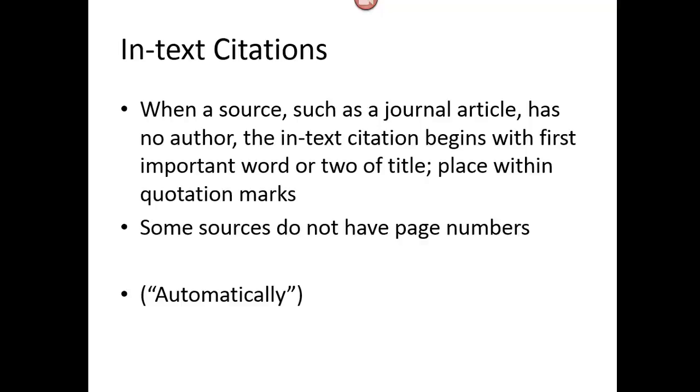Because this is an article title and those are placed within quotation marks, you have to include quotation marks in this in-text citation as it is noted on the works cited page. And you'll see that this source doesn't have page numbers, and so we just don't include them if we don't have them.